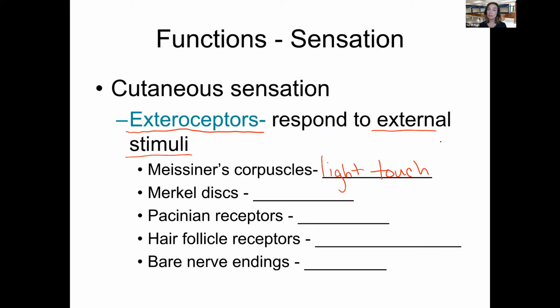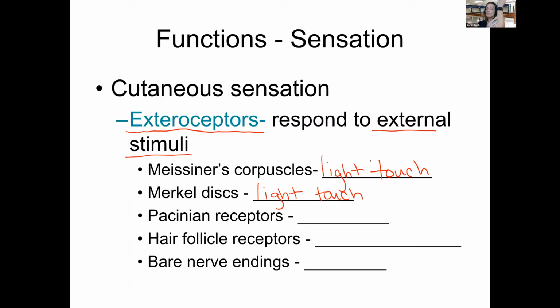We also have Merkel discs. Merkel discs, these are also going to help pick up light touch, light pressure. A lot of times these are associated with a deeper nerve, so they're making sure that the nerve stays healthy. A Pacinian receptor. These are located much deeper in your skin.